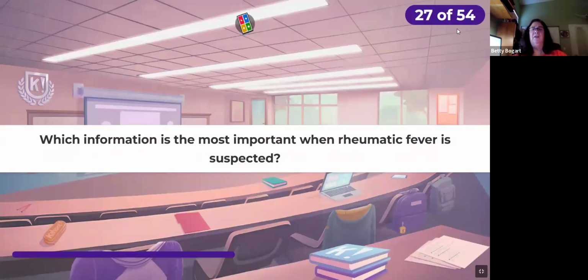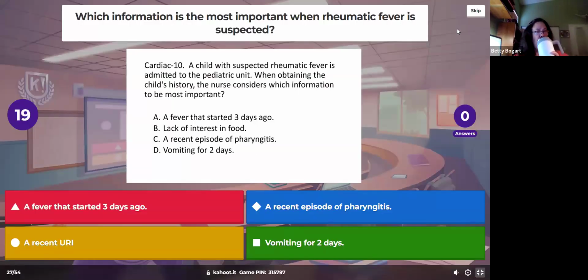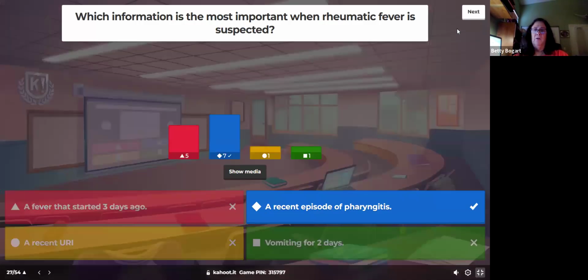Which information is the most important when rheumatic fever is suspected? Remember, rheumatic fever is due to a strep infection that wasn't completely treated.